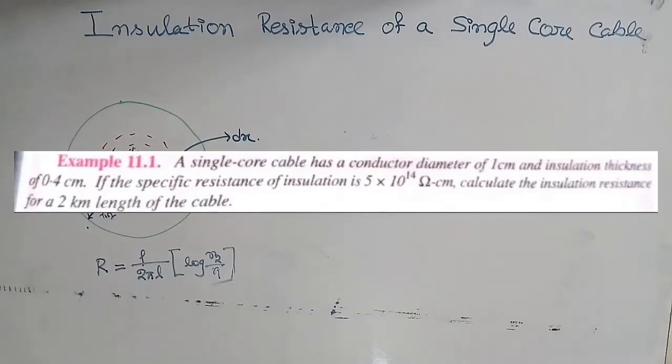If the specific resistance of the insulation is 5 into 10 to the power 14 ohm centimeter, calculate the insulation resistance for a 2 km length of the cable.